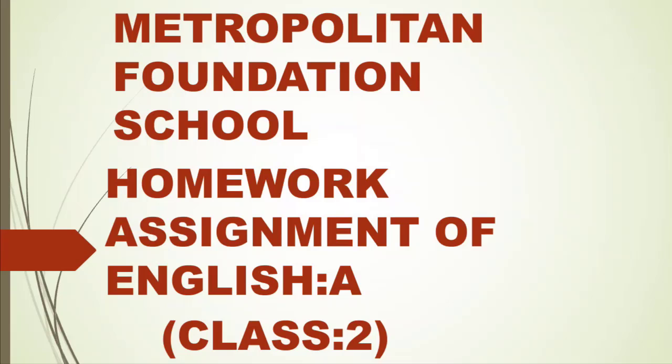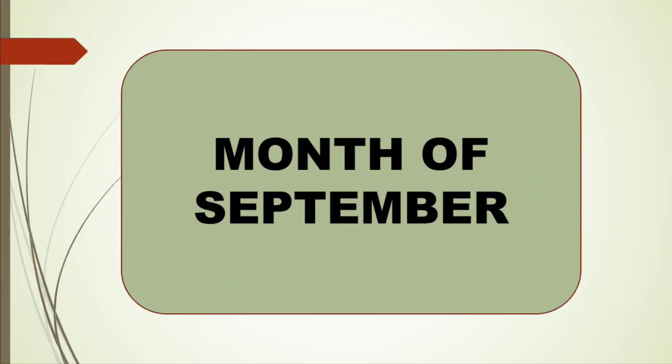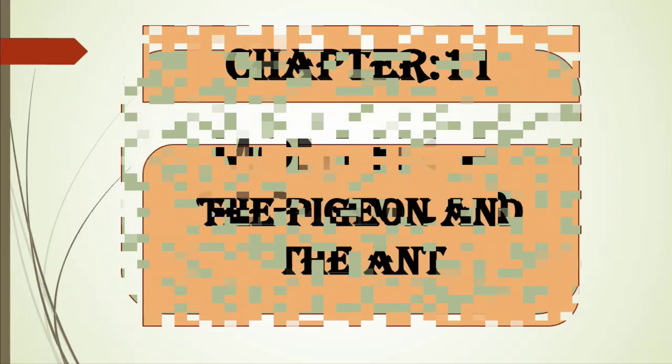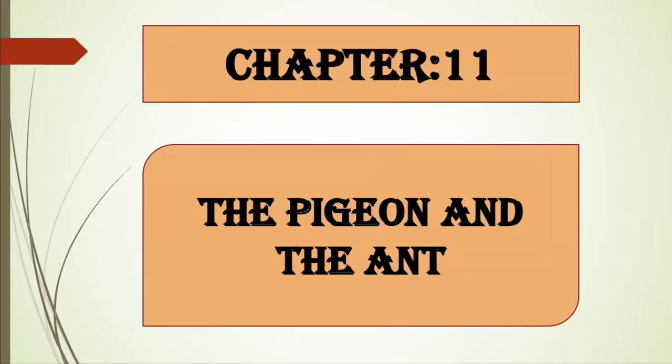Now here I am to explain your homework assignment of English A of class 2. Let's start today's assignment of English A. It's the month of September, and in the month of September we have chapter number 11 in your ORC book of class 2.